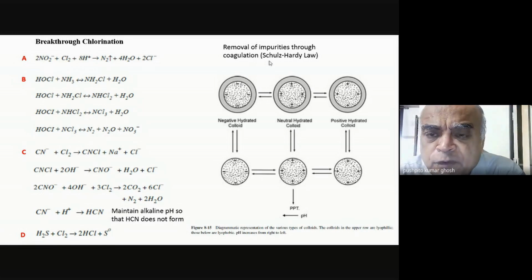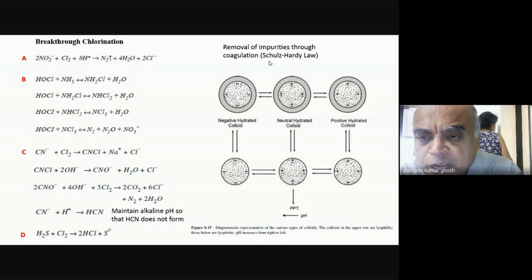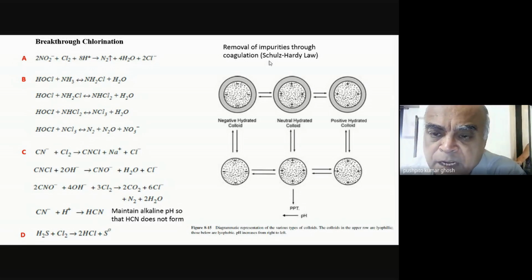So for example, if you have got a monovalent ion which you are trying to use for neutralizing your charge on the particle, it will not be as effective as if you say take a trivalent or a polyvalent ion. So obviously the efficacy will depend on the cube of the charge, and that's the reason why certain things are used, especially polyvalent ions, and you can precipitate these particles out.